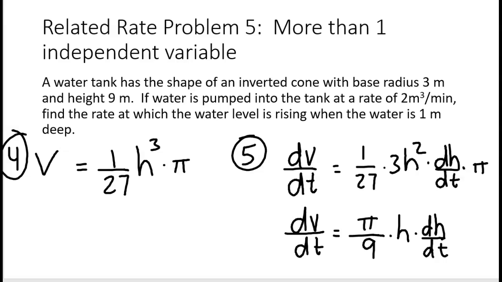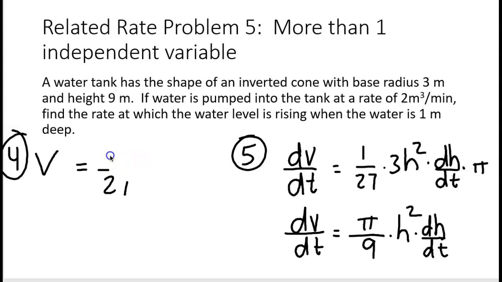Now if I put together all my constants, I multiply together 1/27 times 3 times pi, and simplify, I'm going to end up with pi over 9. And I forgot my square there. Oops. So now I've got a simplified derivative formula containing all the variables that I want.